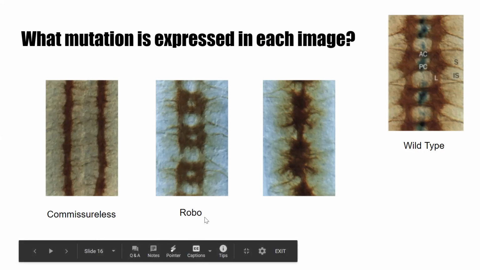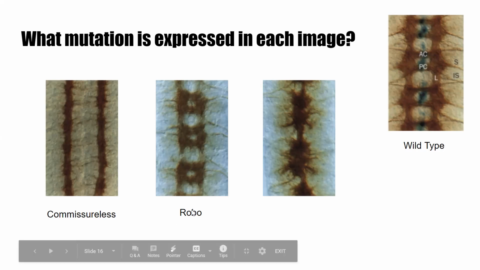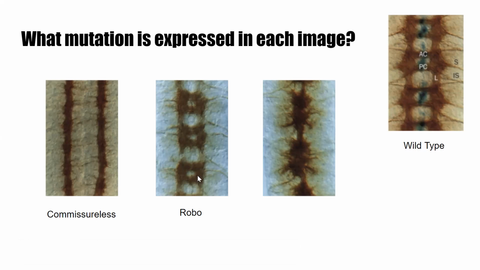ROBO usually is the receptor for SLIT. So if there's a mutation in it, it's not really sensing that repulsion. SLIT is there, but it's not sensing it, so it doesn't know exactly to go away from the midline. So it kind of just goes in circles.